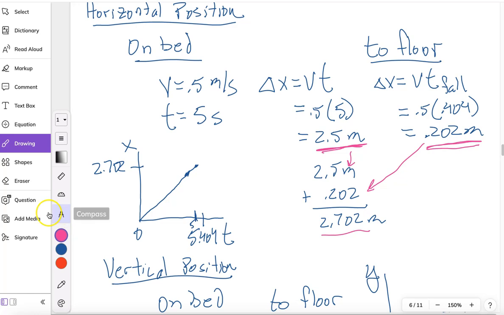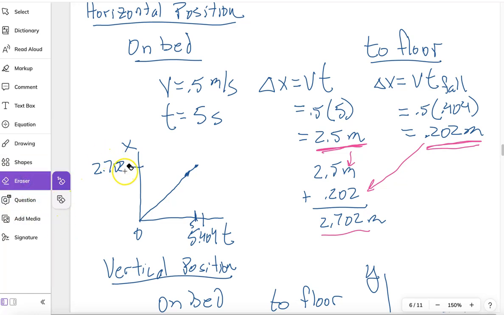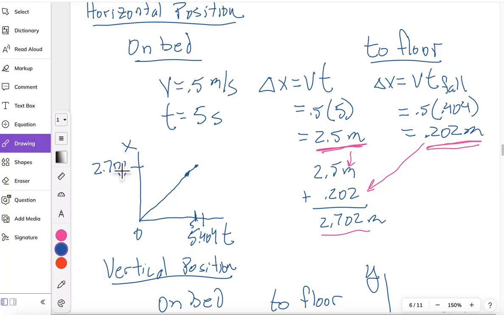So this is really 2.7, and then we'll put in the 0, and then this should be 2 meters, because this is position in meters and it's horizontal. And so now, starting at 0, we're going to go up to 5 seconds. And at that time, we're at 2.5 meters. So that would be right here, 2.5 meters.